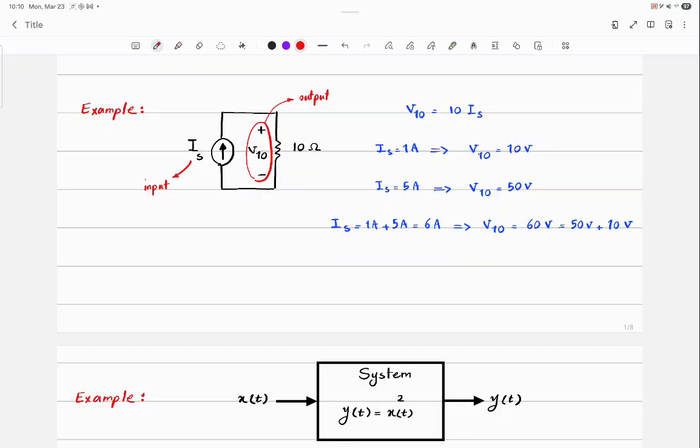So that's the natural, original, always correct way of doing things, referring to the system equation. This is the system equation.